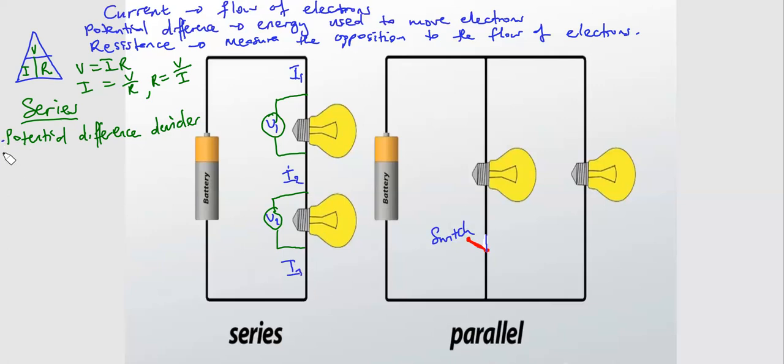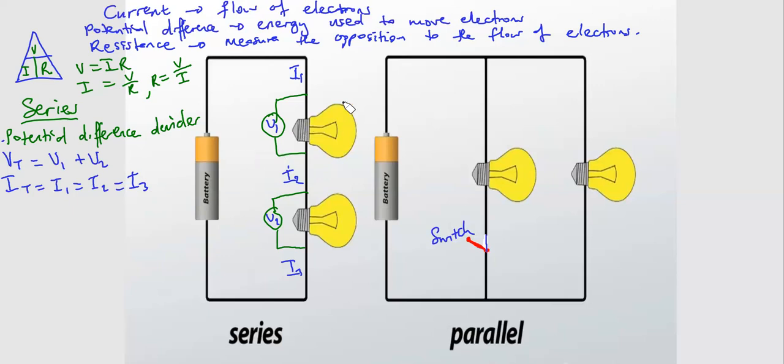But V total, you get it by saying V1 plus V2. That's how you get your potential difference for series connection. Current total is equal to current 1, current 2, current 3, because it remains the same throughout in our resistors.